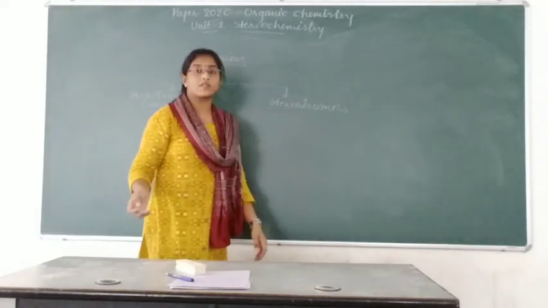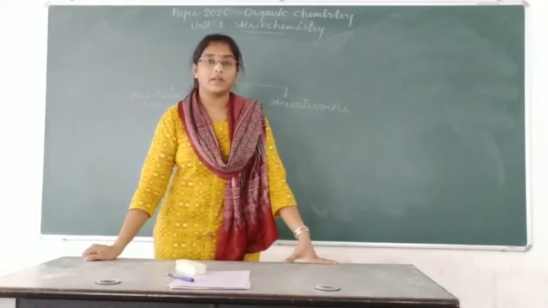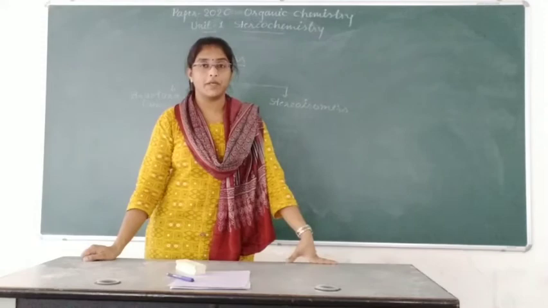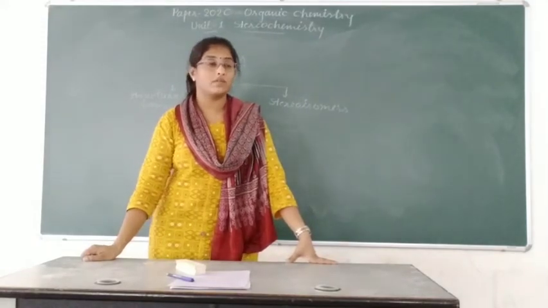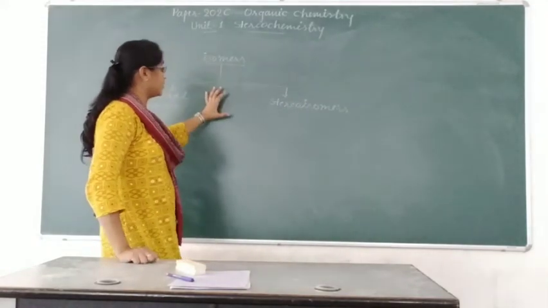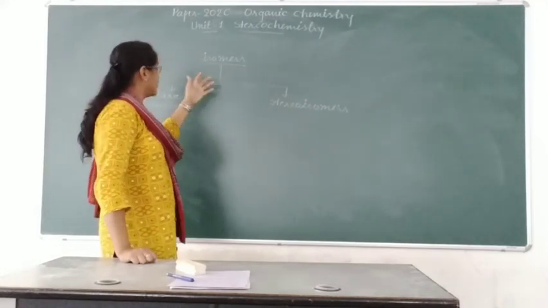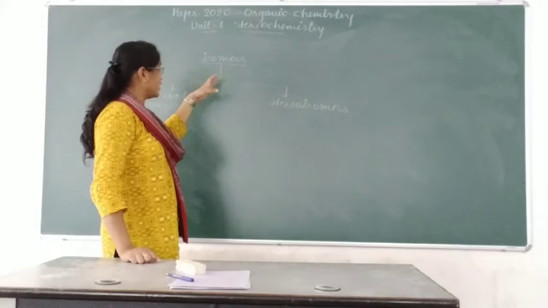From where this concept is taken, we will start from the first, so you will get a better idea. I am just describing here a flow chart for different types of isomers.